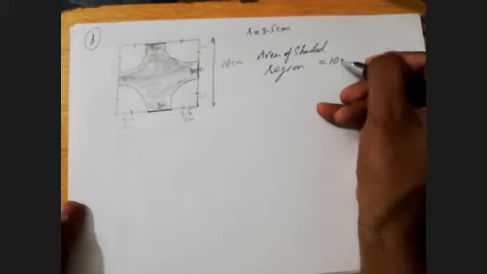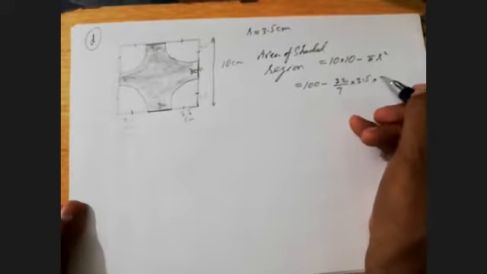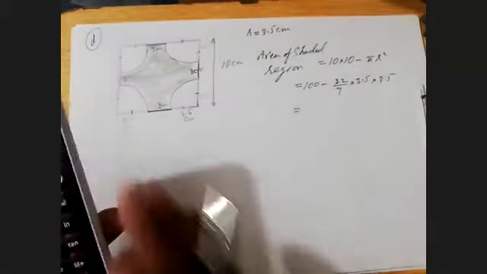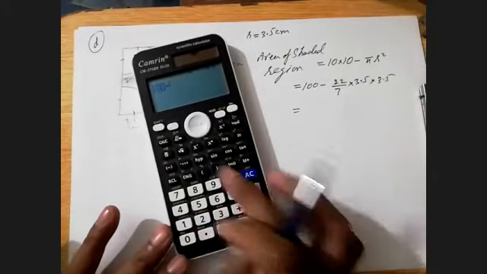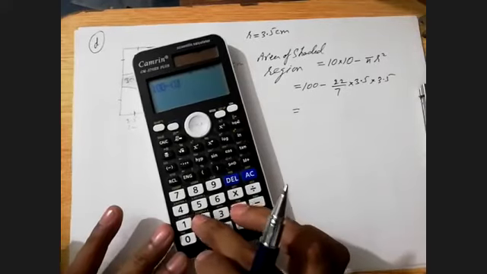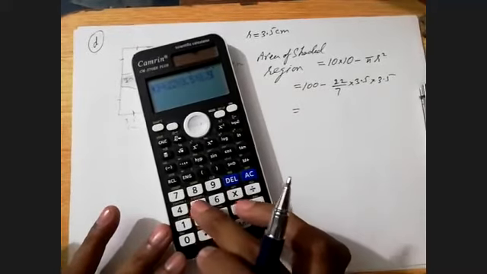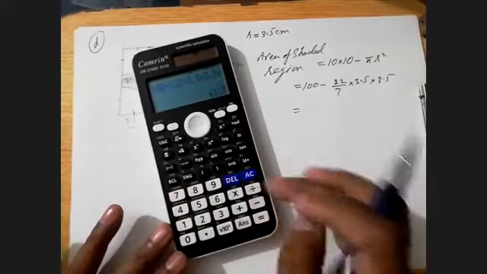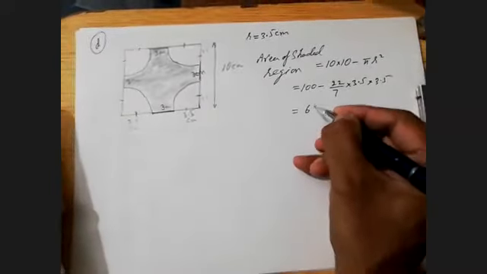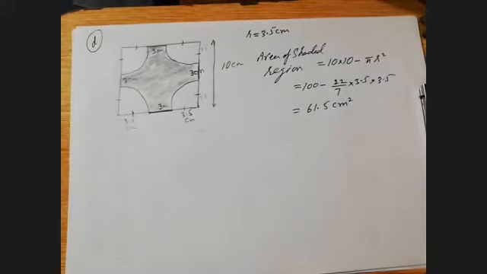So area of square 10 multiplied by 10 minus pi r square, 100 minus 22 over 7 into 3.5 into 3.5, doing the calculations. 100 minus 22 into 3.5 into 3.5, and then dividing it by 7, I got the answer 61.5 centimeter square. Okay, this is the area of the shaded region.